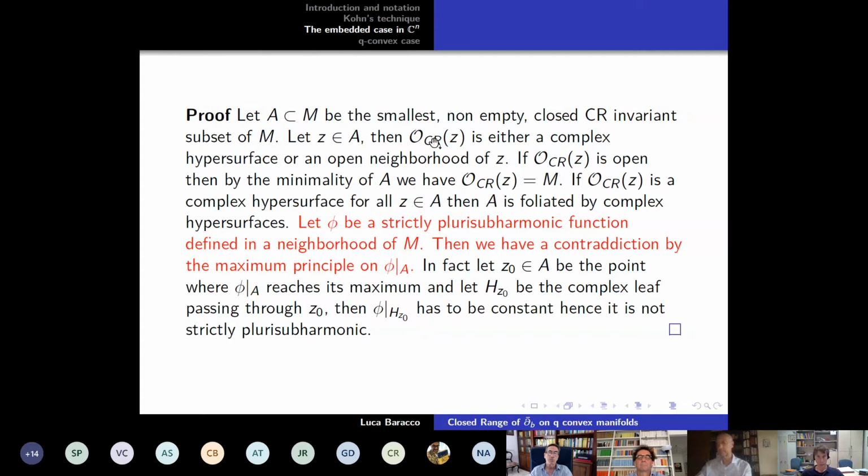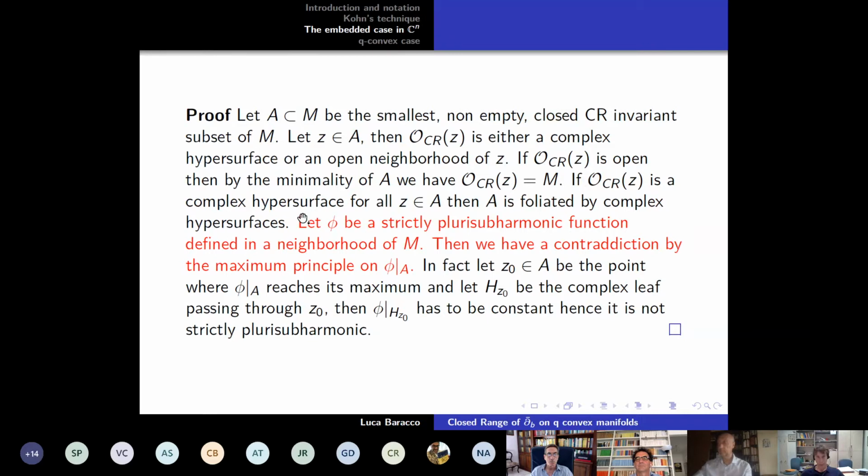So the orbit of Z must be equal to A, but the orbit is open and A is closed. So since M is connected, the orbit must coincide with M. So we are done. Suppose that this is not the case, that for any point in A, the orbit is a complex hypersurface. Then A is foliated by complex leaves of dimension p-1.